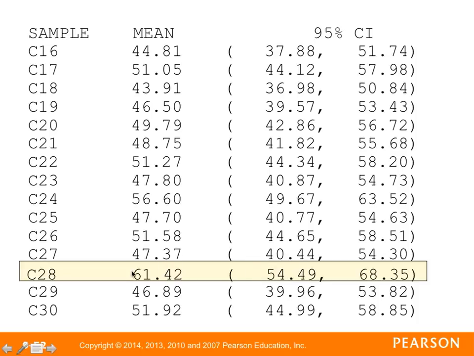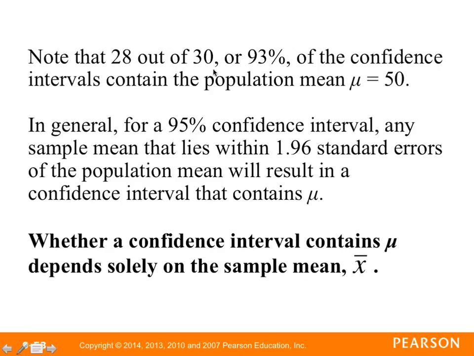Okay, so our mean was found to be 61.42 for this sample, which gave us a confidence interval from 54.5 to 68.4. So we can note that out of the 30 actual samples that were obtained and the confidence intervals that were created from those samples, 28 of them, which would be 93% of the confidence intervals, actually contain a mean of 50.